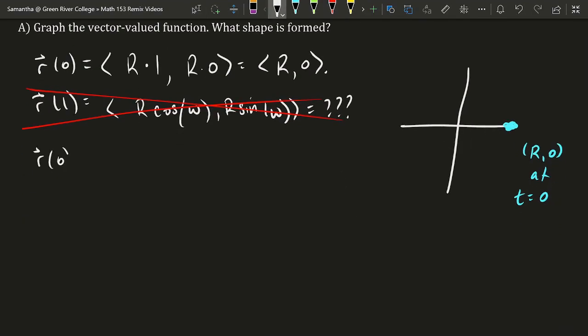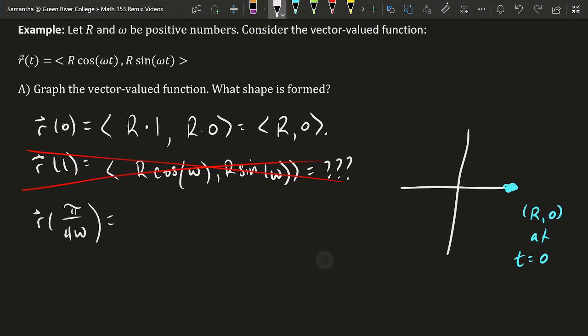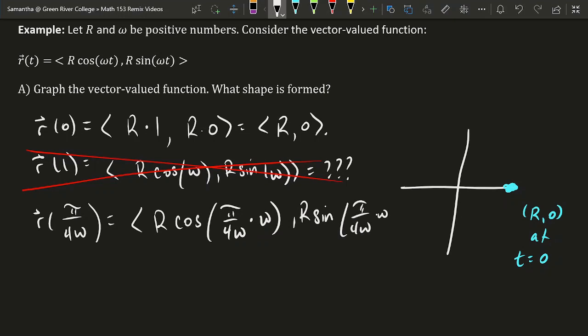For example, what if I considered where I was when t was equal to pi over 4 divided by omega? If I plug in that time, then the two omegas would cancel each other out, the divided one in my time and the multiplied one in the formula. And it would simplify to simply pi over 4 radians.